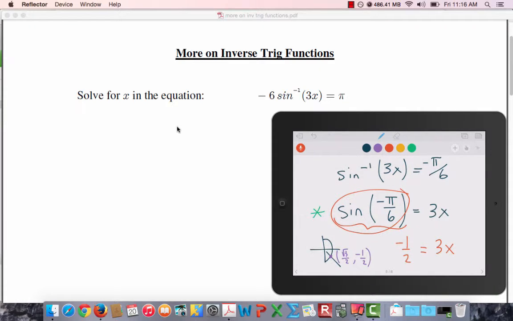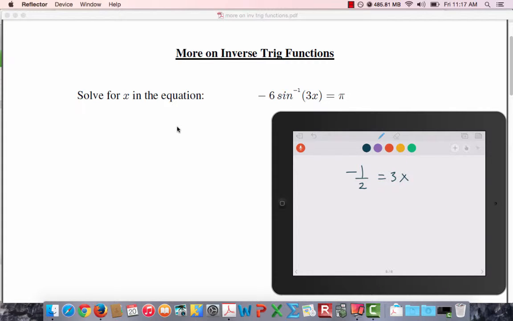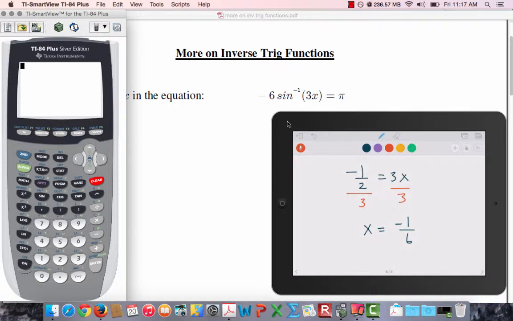Now I have a simple linear equation, and we can solve for x by dividing both sides by 3. So -1/2 divided by 3 is -1/6.